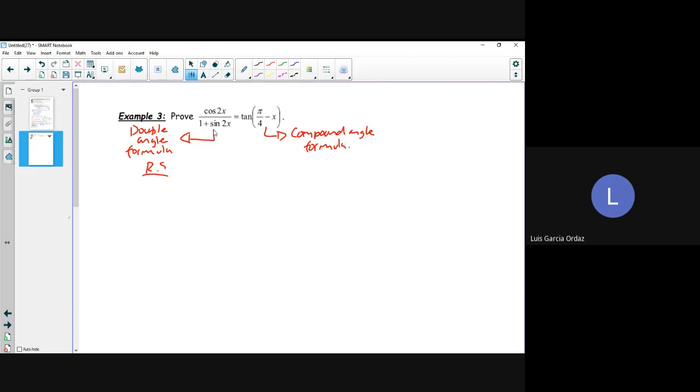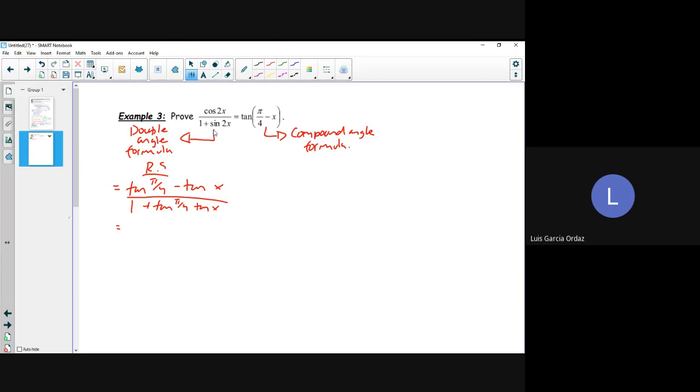So on the right side, we have our subtraction compound formula for tan. So this is just going to give us tan of pi over 4 minus tan x divided by 1 plus tan of pi over 4 times tan of x. So let's see if you guys remember this quickly.